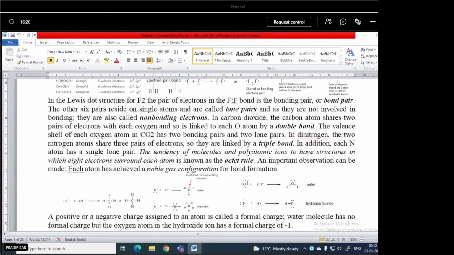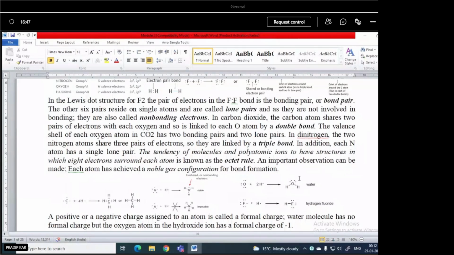The tendency of molecules or polyatomic ions to have a structure in which 8 electrons surround each atom is known as the octet rule. In the case of H2O, the oxygen has 6 electrons in its valence shell, so it shares with 2 hydrogens to have 8 electrons on the oxygen.